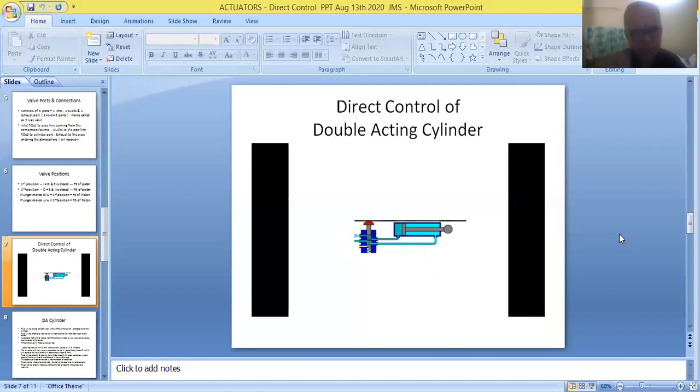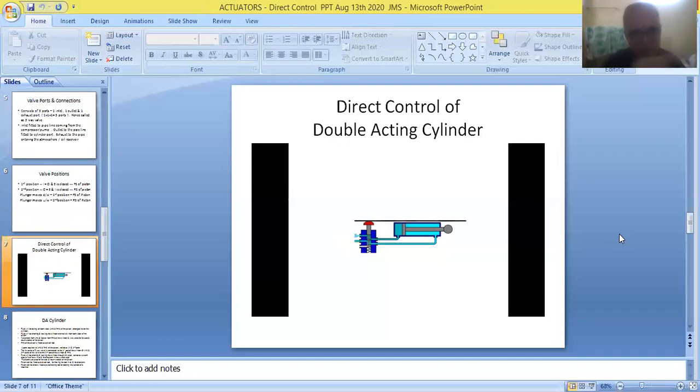As the name itself implies, the fluid will be acting on both sides of the piston. So it will be entering and leaving from both sides of the piston. Therefore, it is called a double acting cylinder. In other words, if the fluid is entering from the left-hand side of the piston, it will be leaving from the right-hand side of the piston.